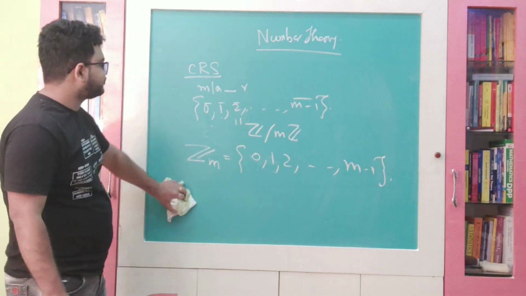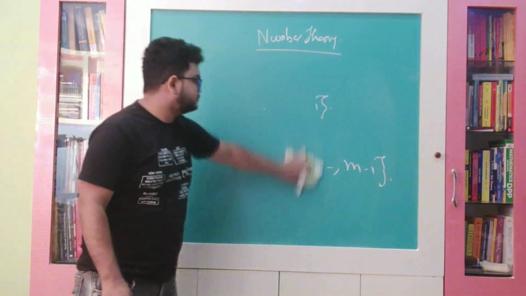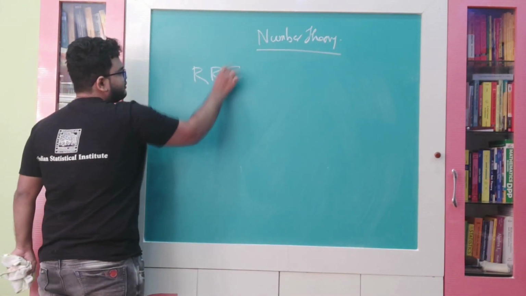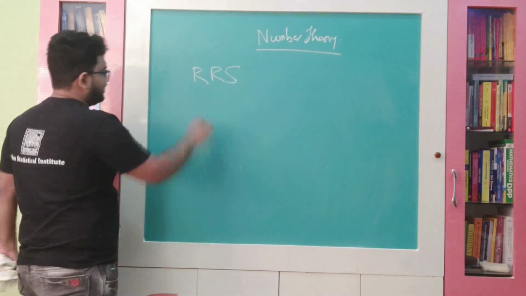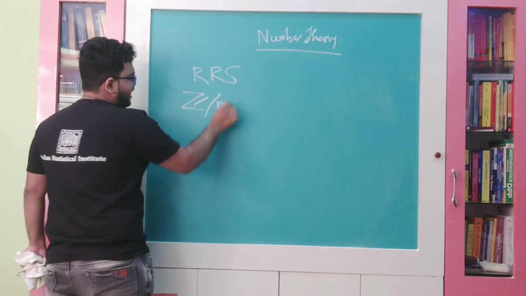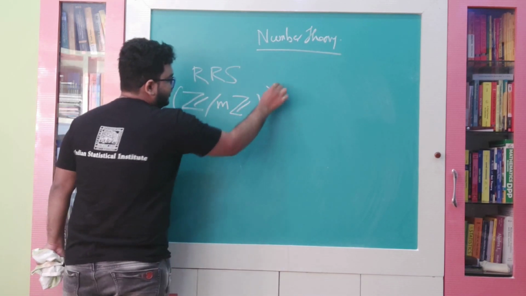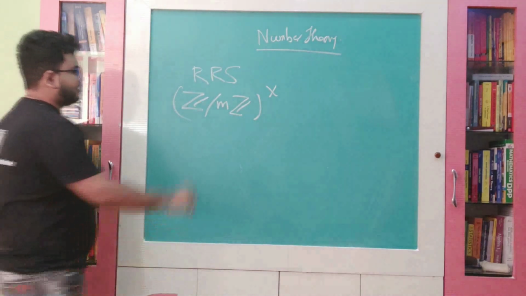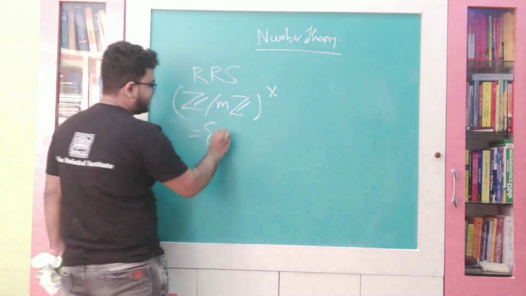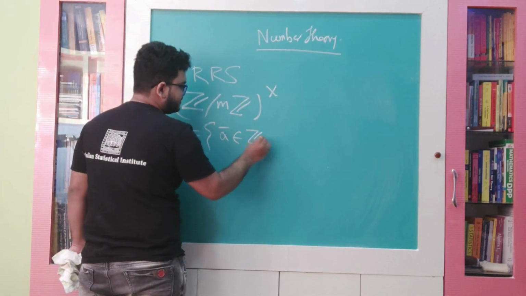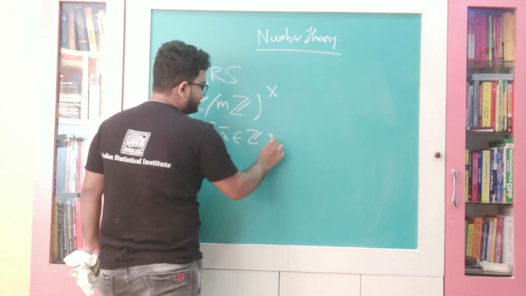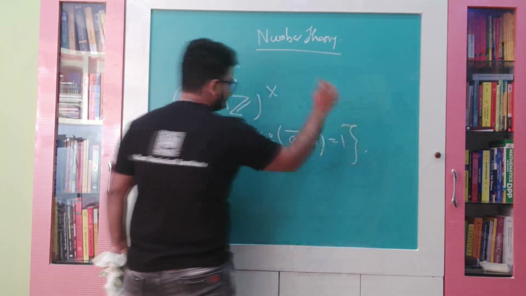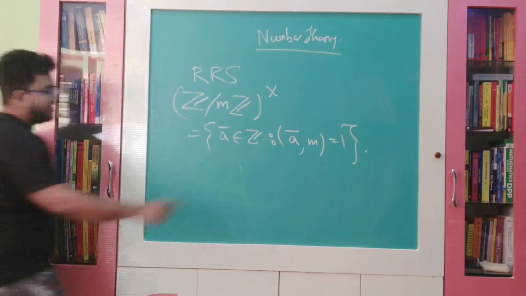Okay. Now the reduced residue system modulo m. It's denoted by Z/mZ invertible. What is that? This is the invertible set. This is a group under multiplication. It says that a bar belongs to Z/mZ such that gcd(a, m) equals 1.